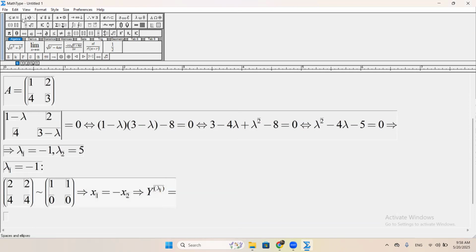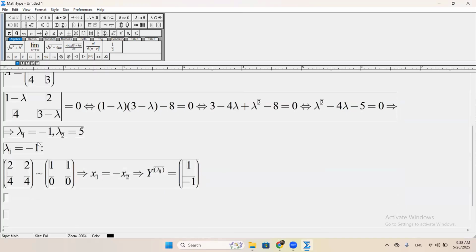Let it be equal 1, minus 1. We can choose any c, but it will be simpler to do like this, so 1 and minus 1. So done for lambda 1.